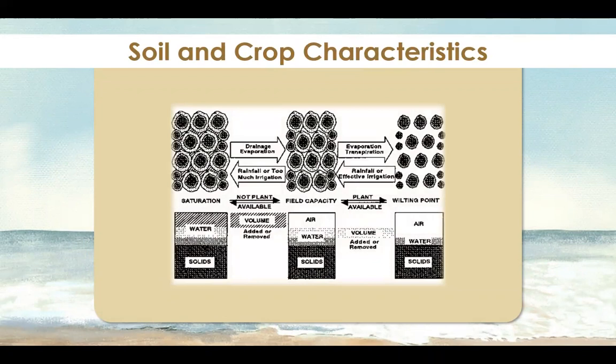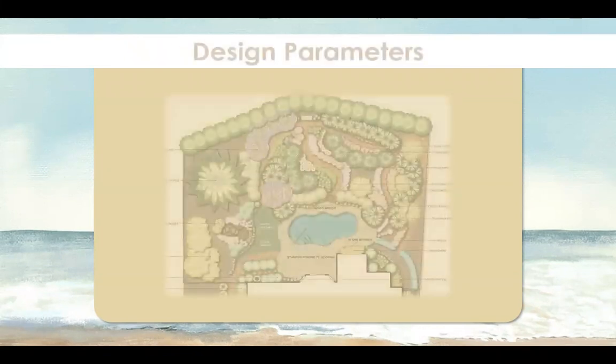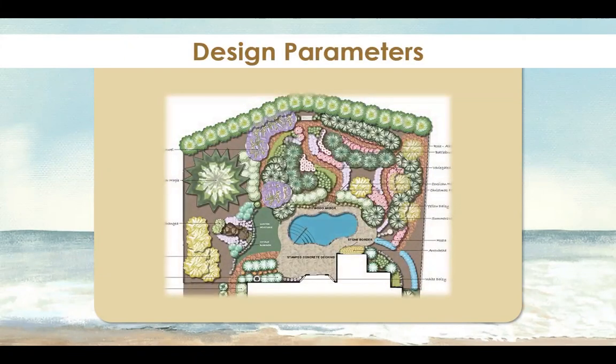The fourth one is soil and crop characteristics. Soil and crop limitations must be considered to reduce runoff and deep percolation because of mismanagement. Number five, design parameters. Soil water holding capacity, maximum application rate, and climate data should be used to select the correct irrigation system design.